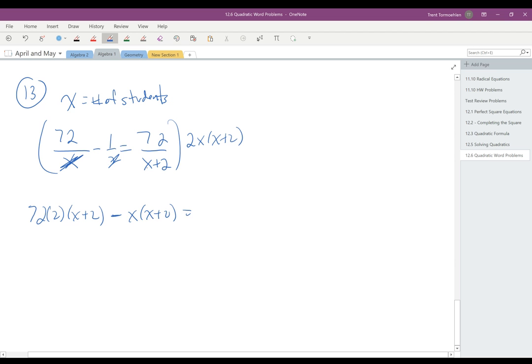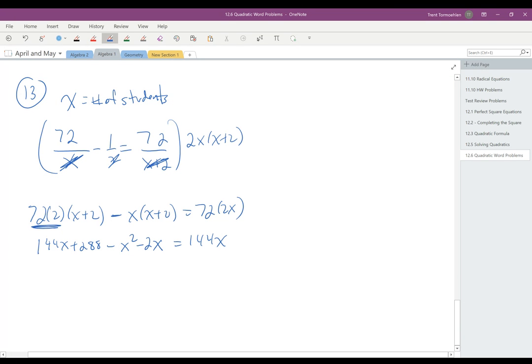And then over here, the x plus 2 cancels, so 72 times 2x. Multiply everything out, you get, this is 144, so 144x plus 288 minus x squared minus 2x equals 144x.